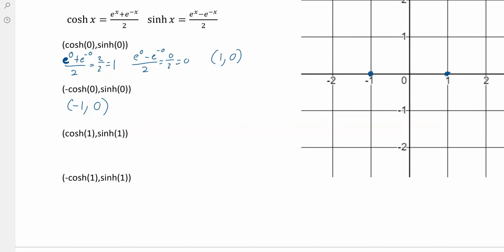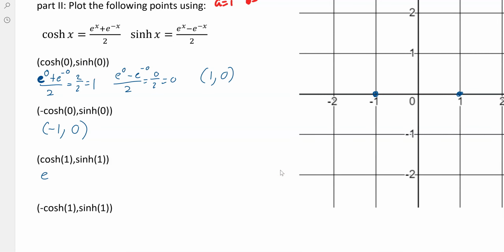So now let's try it again with 1. So if we plug in e to the 1, you end up with e plus 1 over e, over 2. And when we do our hyperbolic sine, we get e minus, well, that's going to be 1 over e again, and 2. So each of these will give us our decimal, which will be our x and our y coordinate.